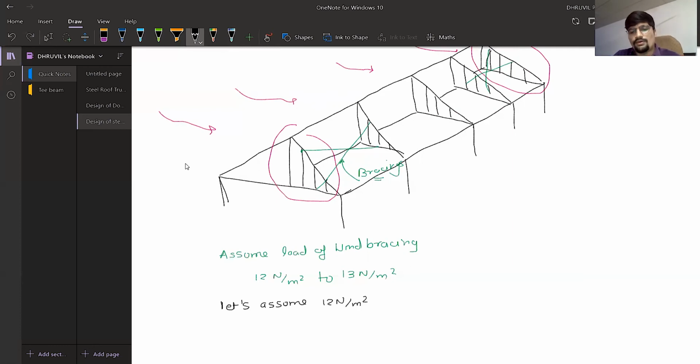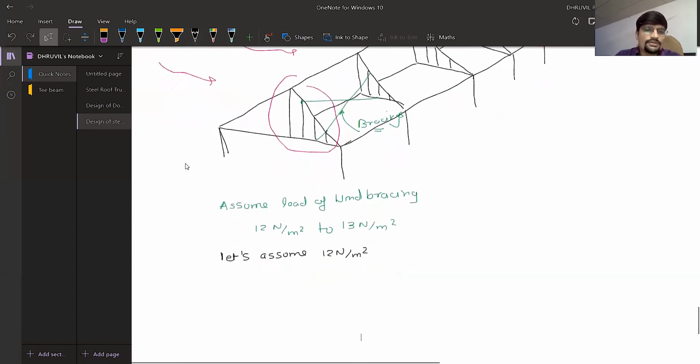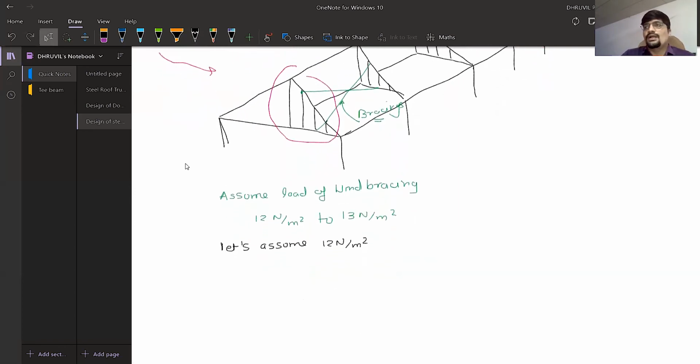Obviously it will occur on the plan area because it's under the roof surface. Generally, the material which is under the sloping portion applies its load on the plan area, and the material which comes above the roof portion applies it only on the slope portion. So the load will occur on the plan area.